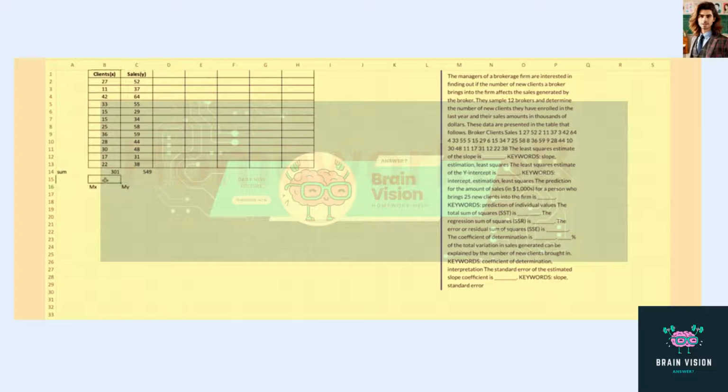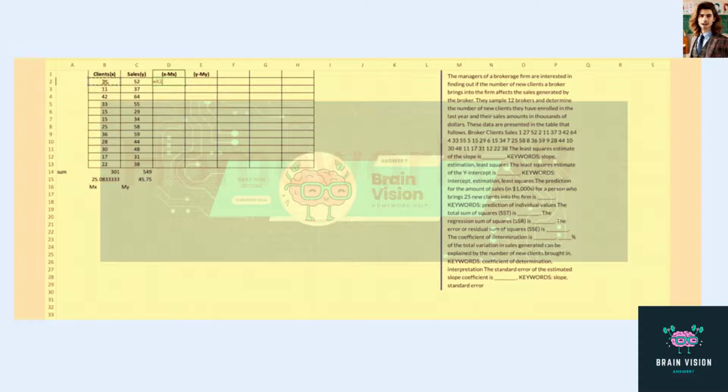I'm going to take my sum and divide it by 12, and then take my Y sum and divide it by 12. Then I'm going to take each one of my X values and subtract the mean of X, and each one of my Y values and subtract the mean of Y.